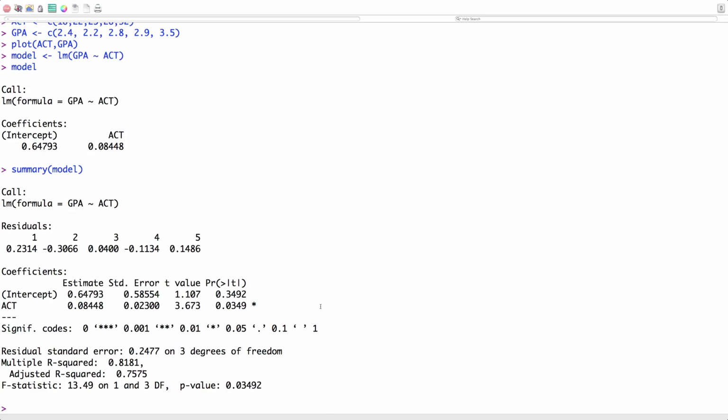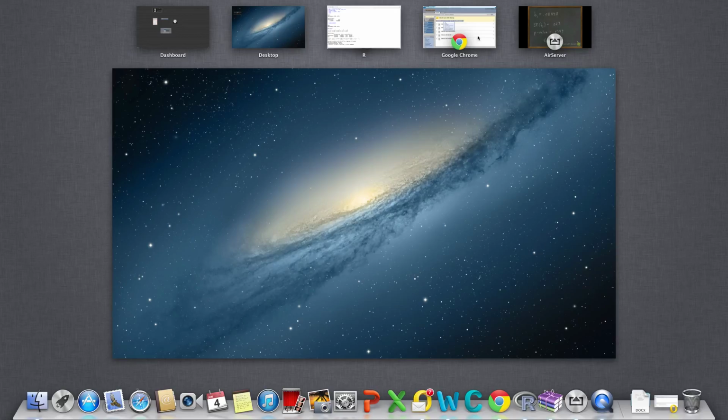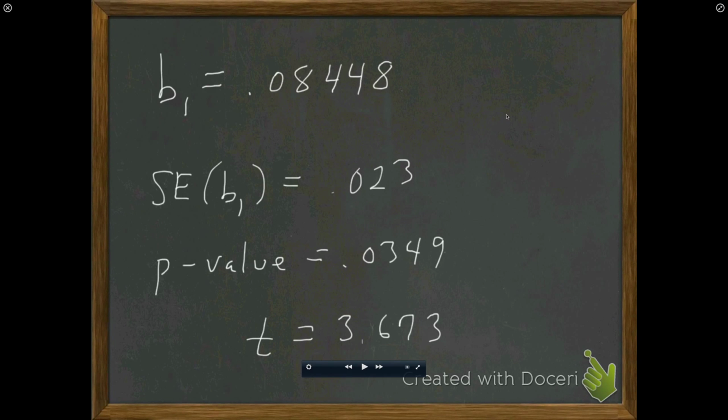So guys, let's go back to the blackboard, and what you'll see is I've written down the estimates. So what we would conclude here, since our p-value is less than the typical alpha.